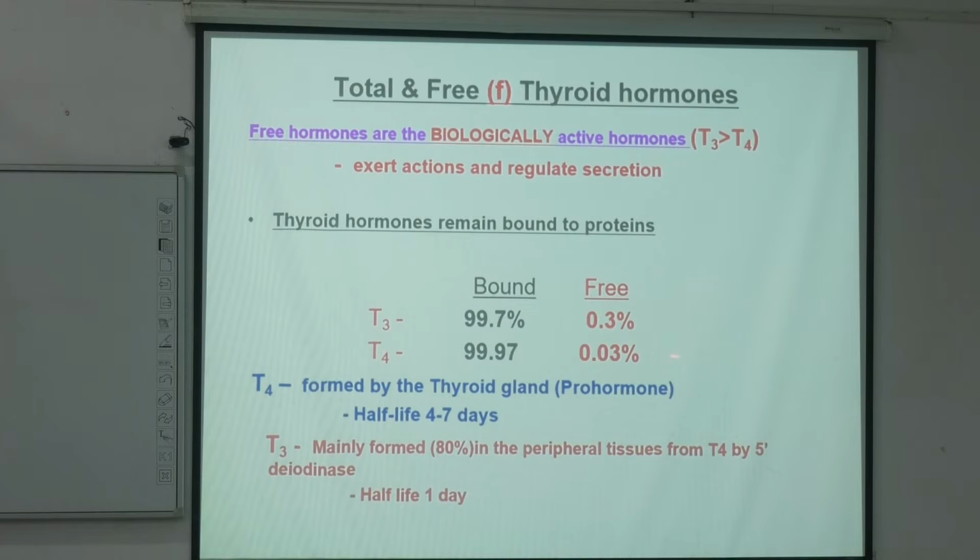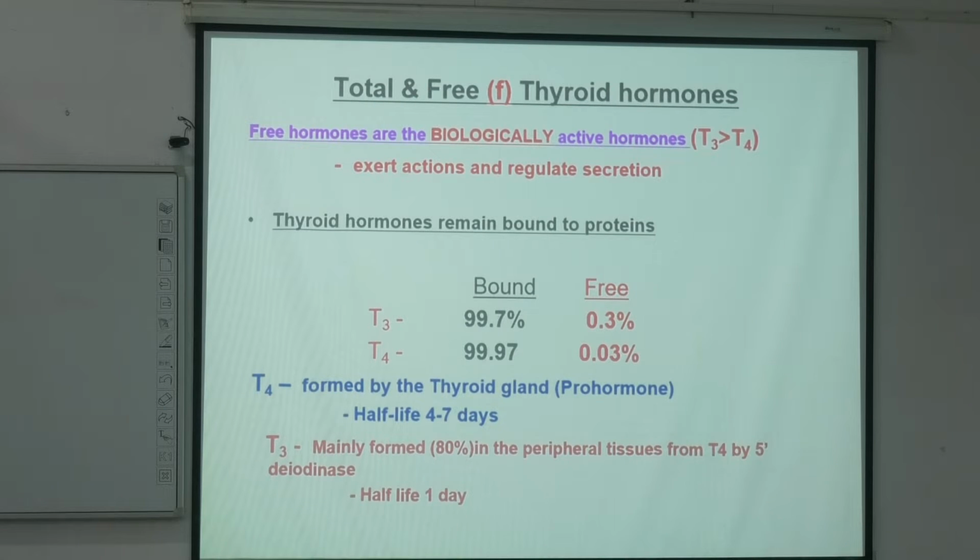Similarly, T4 is 0.03% free, and that exerts action. That free form and the bound form are in dynamic equilibrium. So when there is less supply of free T4, from the huge stored amount of bound form, some amount is released to become biologically active.